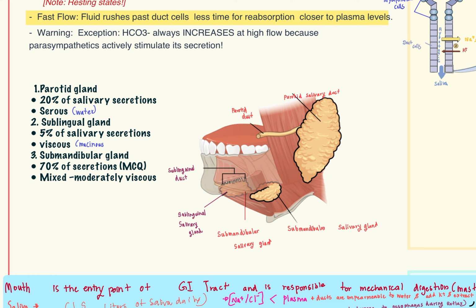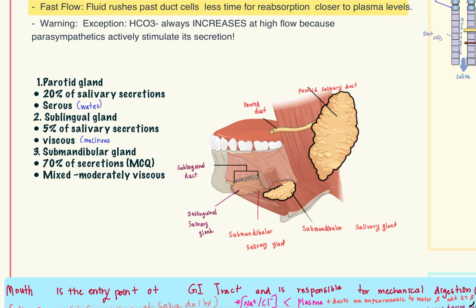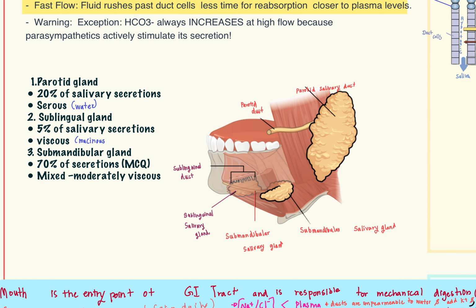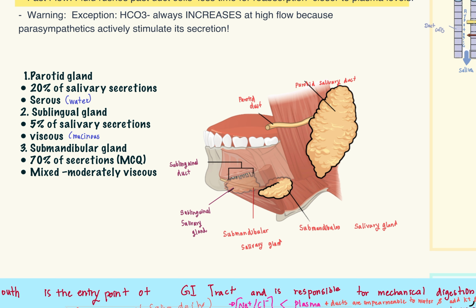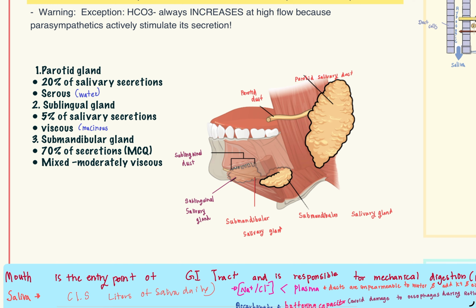And if we talk about saliva secretion, there are three glands: parotid gland, sublingual gland, and submandibular gland. The parotid gland secretes about 20% of saliva and it is watery, while the sublingual gland secretes viscous saliva, that means more mucus.